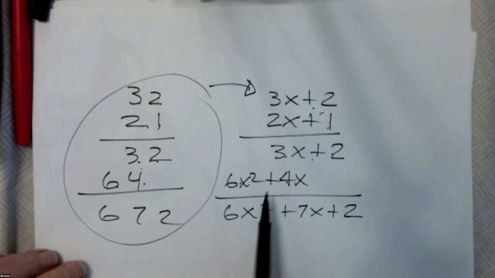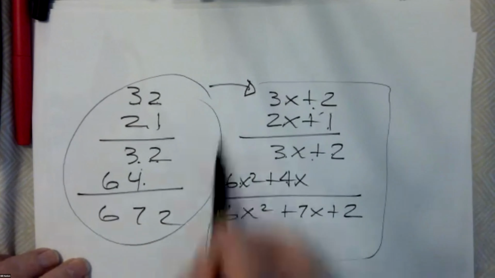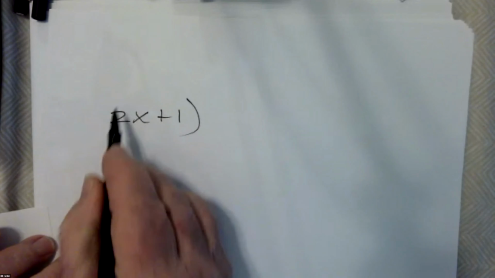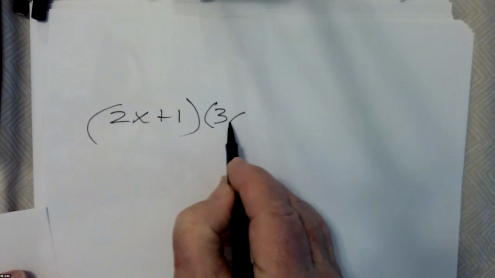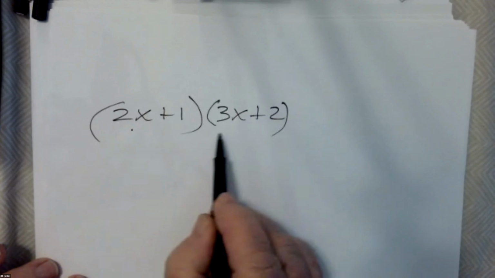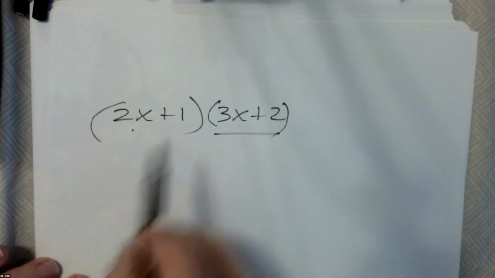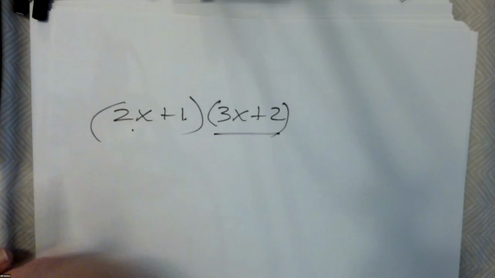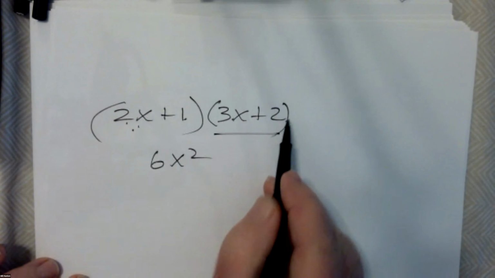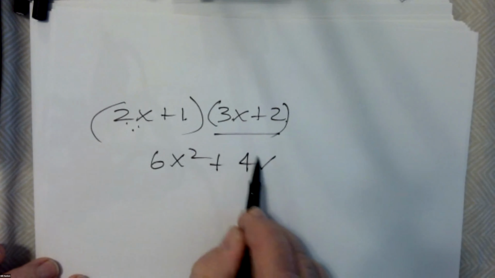Then what we do in algebra is we have a tendency to look at that horizontally. So I'm going to write this as 2x plus 1 times the 3x plus 2. And the way we do that is we multiply the 2x times both of those numbers, then we multiply the 1 times both of those numbers. So 2x times 3x is my 6x squared, 2x times 2 is 4x.